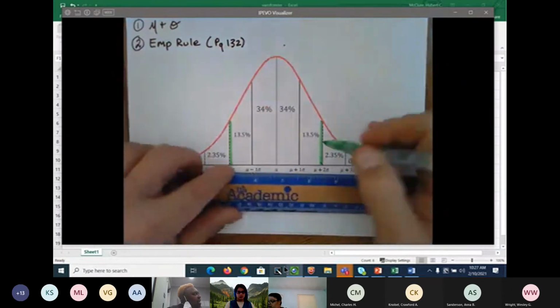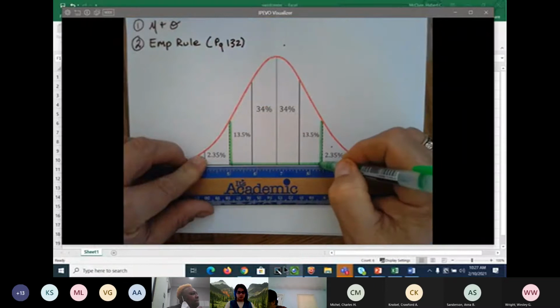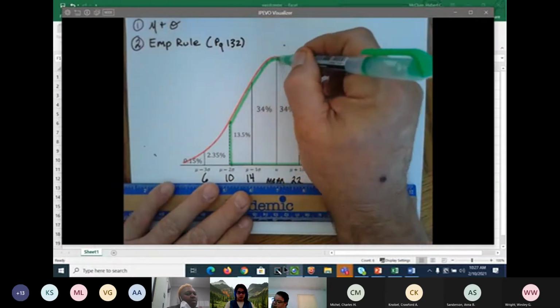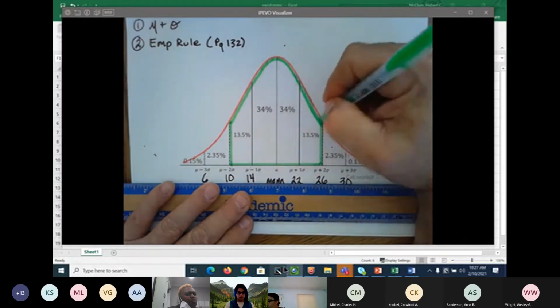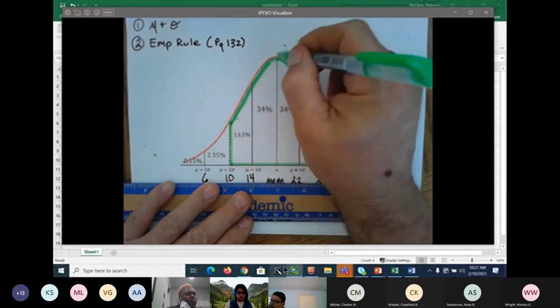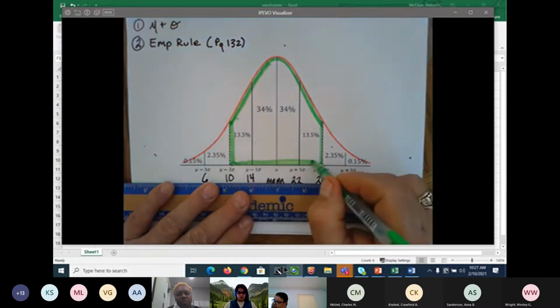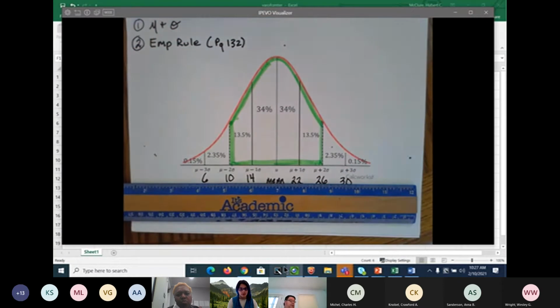Can somebody tell me what is significant about the 95% population? Those people are considered to be what? Anybody remember it from high school? 95% of the population will fall between 2 standard deviations, and those are considered to be what?